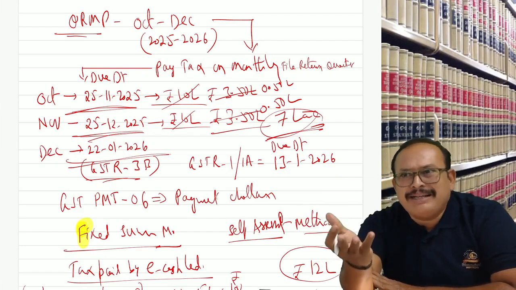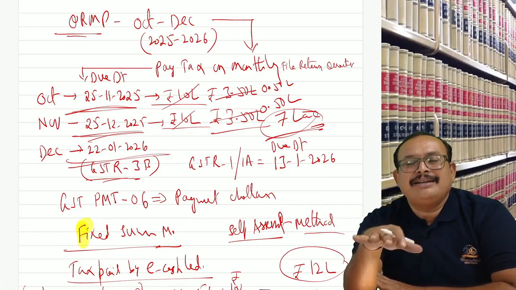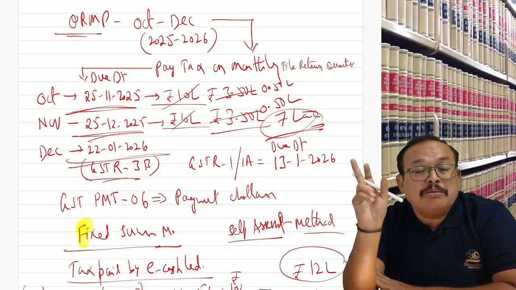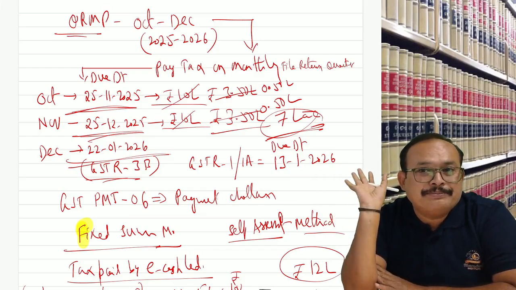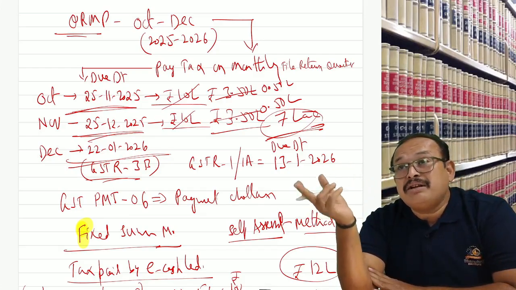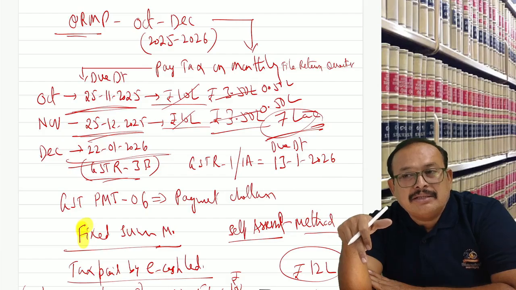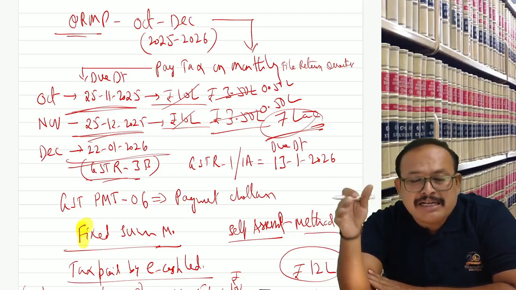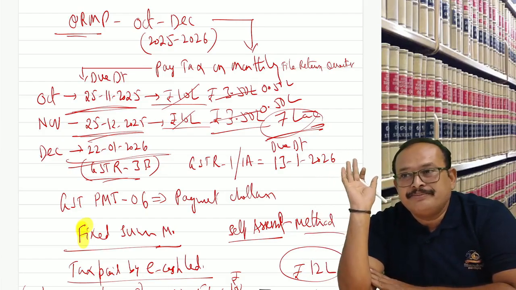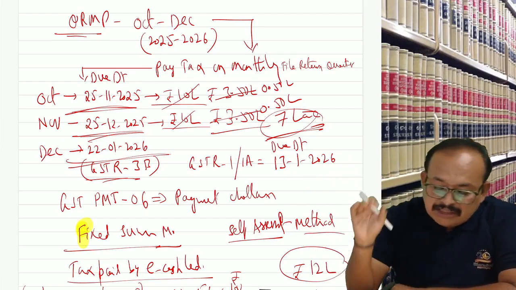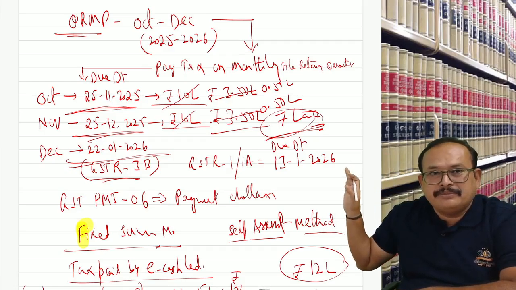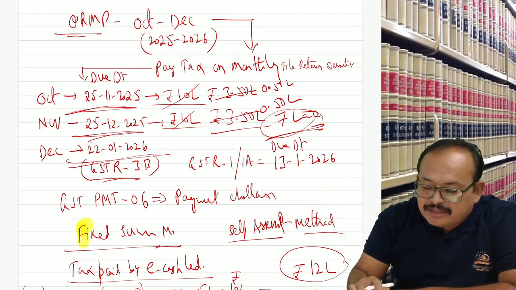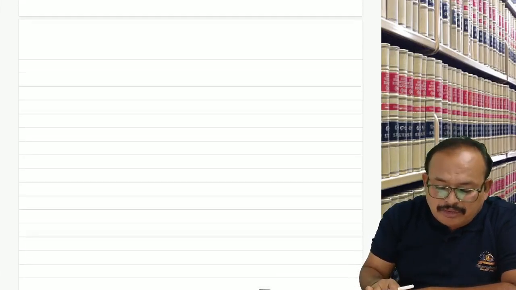Lesser amount paid, in that case, goodbye. The shortfall you have to pay off by filing GST 3B in time. If GST 3B is not filed in time, then whatever the due liability to pay as on the due date of the GST 3B, from that date of payment you have to pay interest. Is that clear? It is the fixed sum method. Sir, it is a headache, I don't want it. No problem. You have one more method.